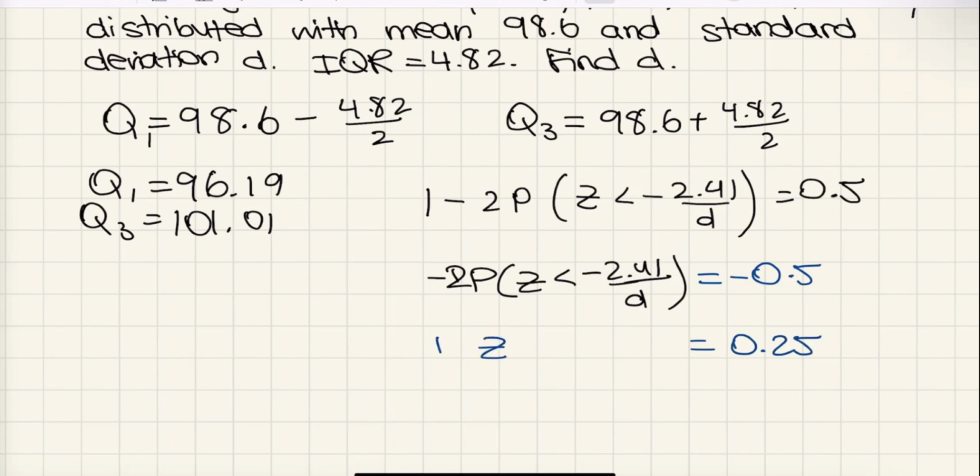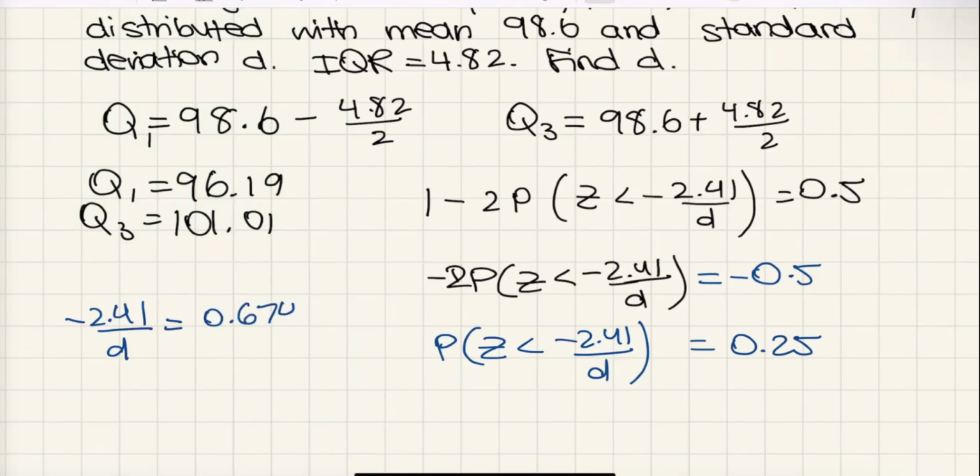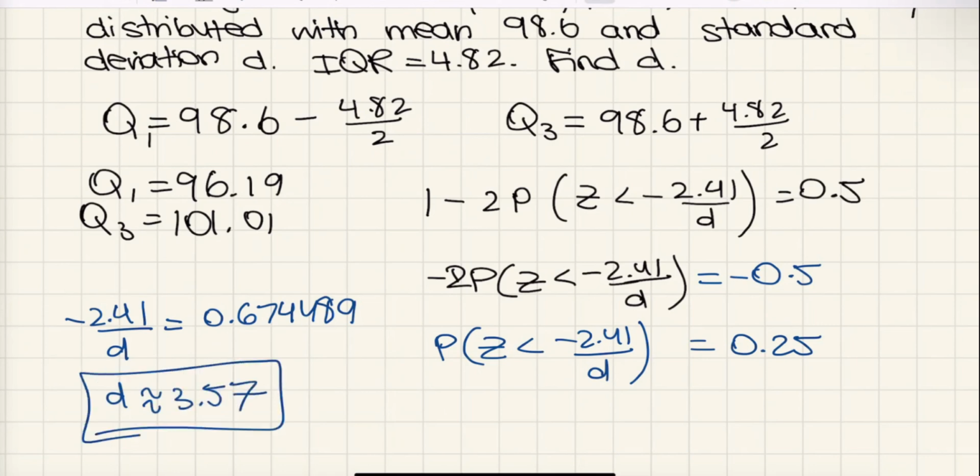And then we need to look for that score on the chart. And then we get that, therefore, negative 2.41 over D is equal to negative 0.674489. And therefore, when we divide, we get that D is approximately 3.57. So there's our answer, the standard deviation of this new field.